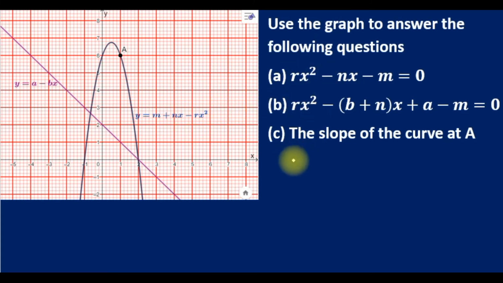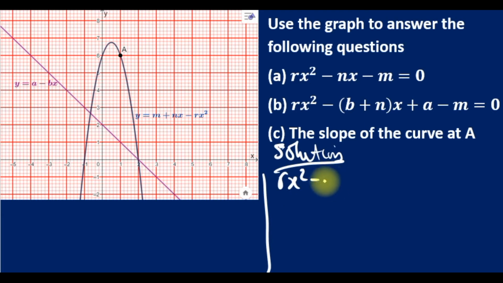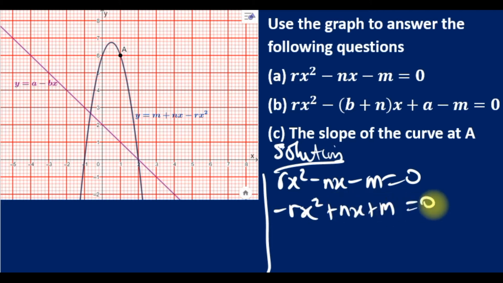And how do you change it to negative? We multiply all by negative. So we are given rx squared minus nx minus m equal to 0. Multiplying all by negative, we have minus rx squared plus nx plus m equal to 0.